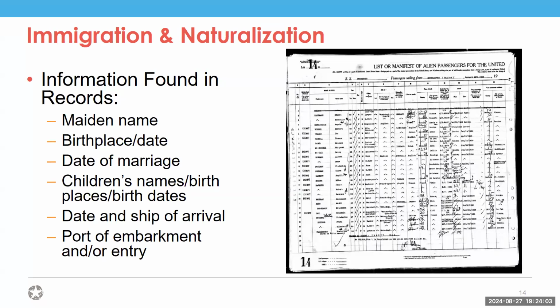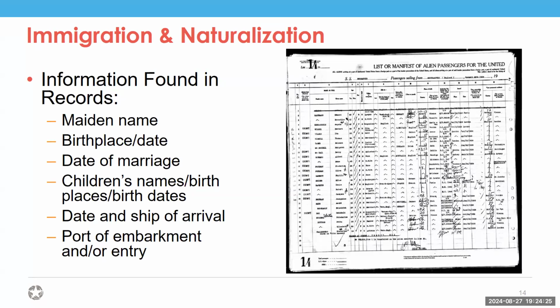This will also tell you the date and the ship of arrival. So if we know that this one was 1939, I believe was the date that the ship came over, your ancestor might be in the 1940 census, but if you try and search on the 1920 census, they're not going to be there.